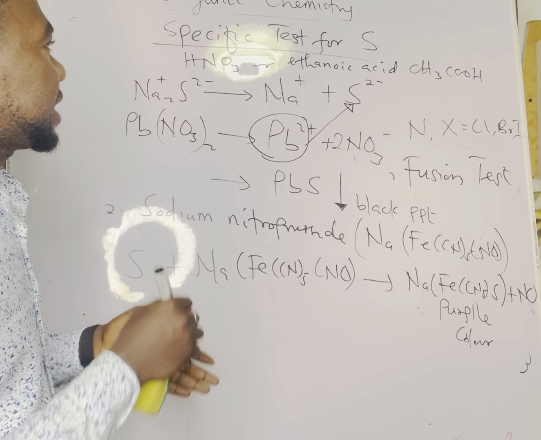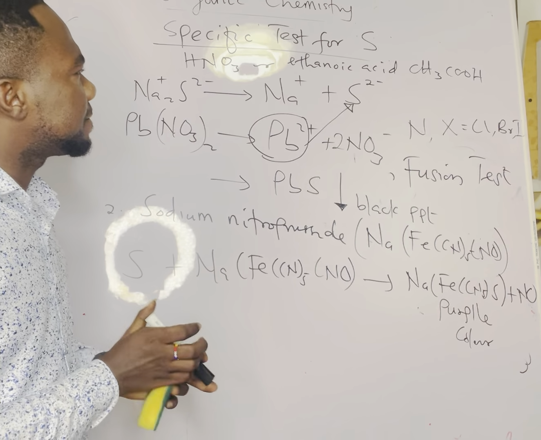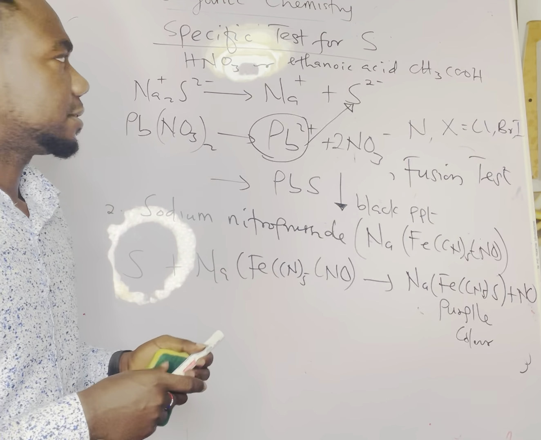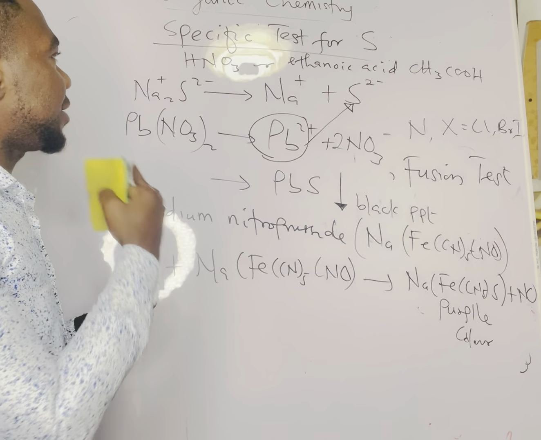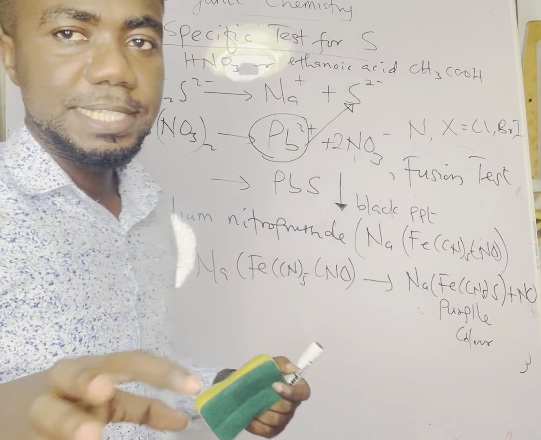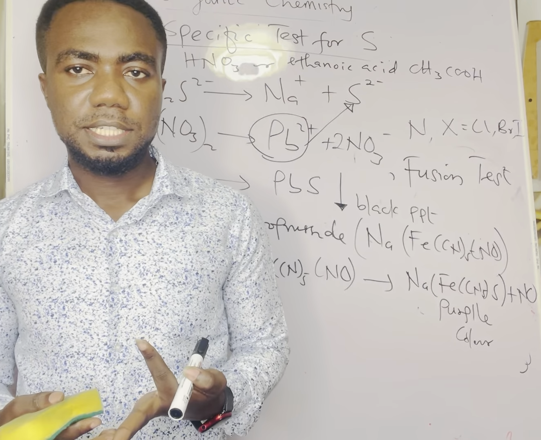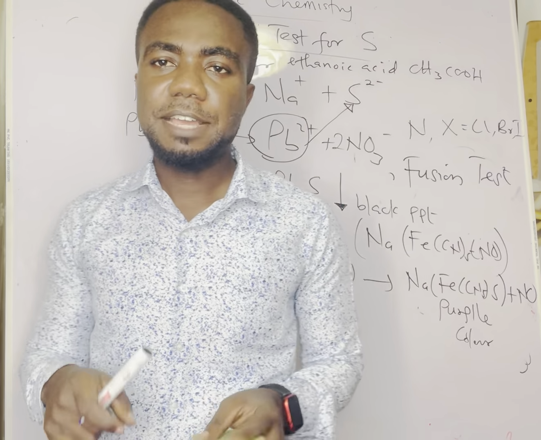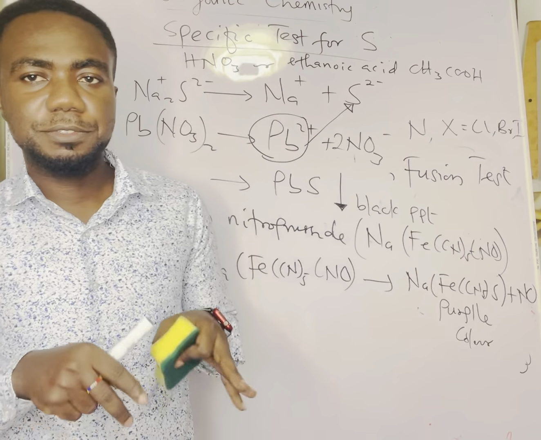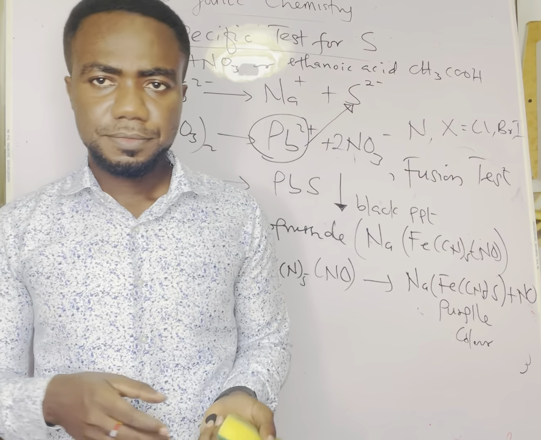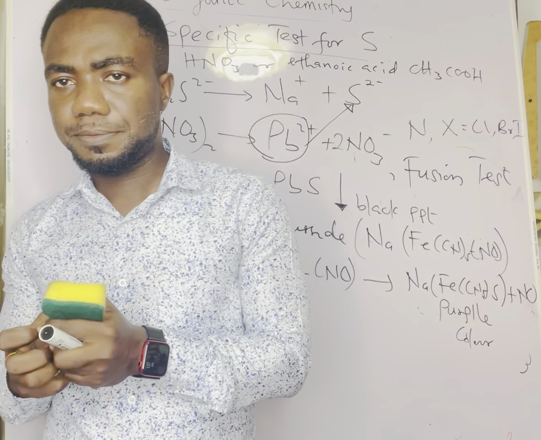Now let's look at the specific test for nitrogen. The specific test for nitrogen takes place in a basic medium. So you can add sodium hydroxide to the filtrate. Then after addition of sodium hydroxide, you add iron sulfate.